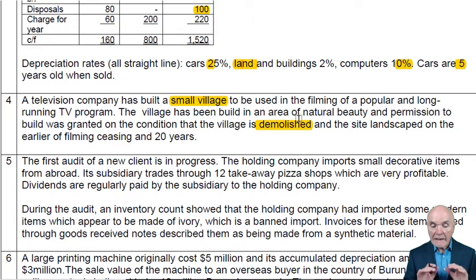So there's again something hidden quite deeply here. Unless you remembered your accounting standard dealing with the valuation or the establishment of the cost of non-current assets, you would not have picked that up.